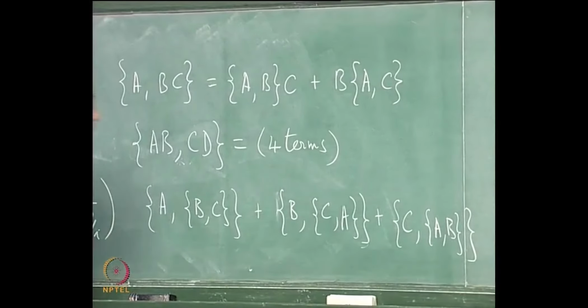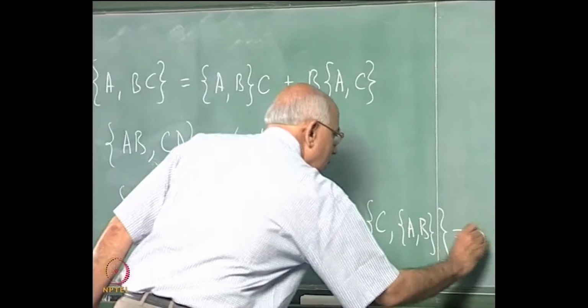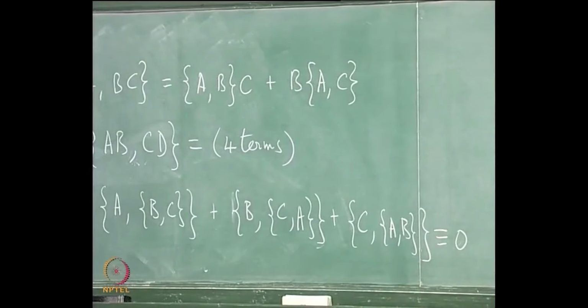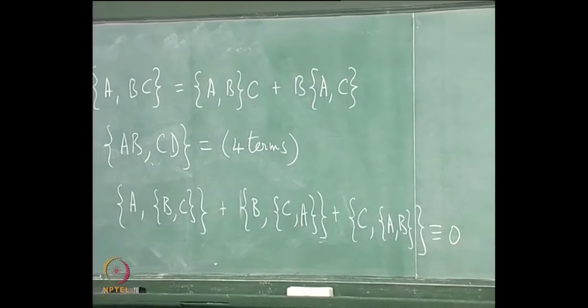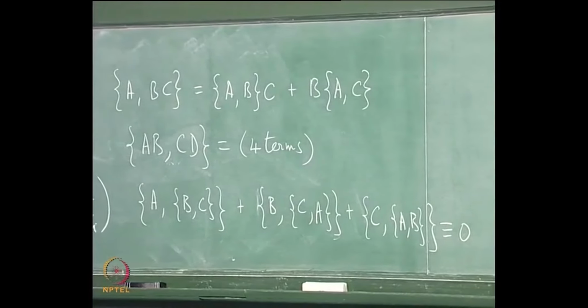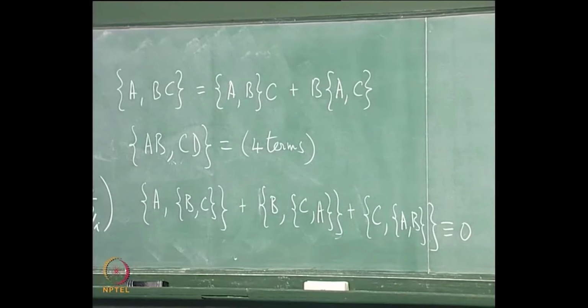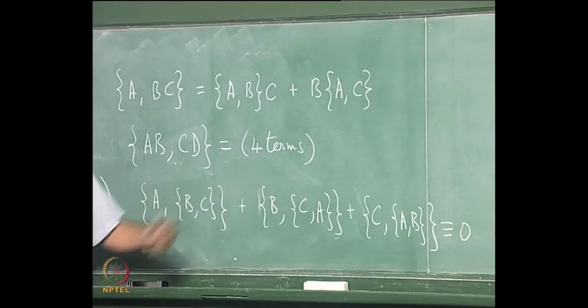It turns out to be identically 0. So there is this antisymmetry when you take 3 of these, and the antisymmetry of the Poisson bracket leads to this property. It is easy to establish.